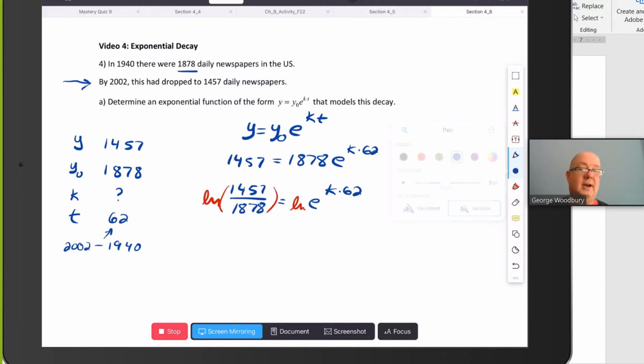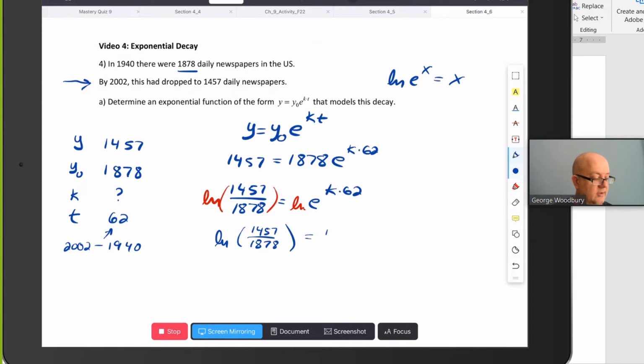Remember again, when we take the natural log of e to some power, that just equals the power. Okay, on the left-hand side, we still have the natural log of 1457 over 1,878, and now that is equal to k times 62. We finish by dividing over the 62, and we want to approximate this to 6 places. And again, if we're talking about decay, decrease, then this value of k should be negative.